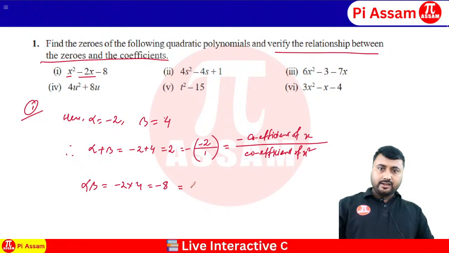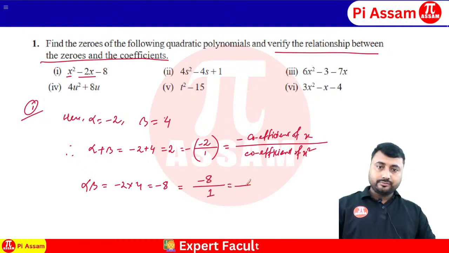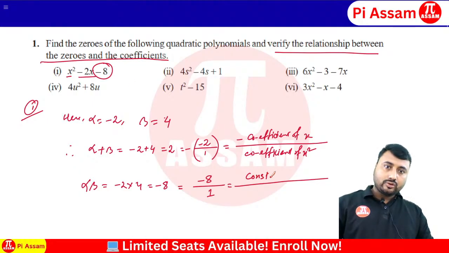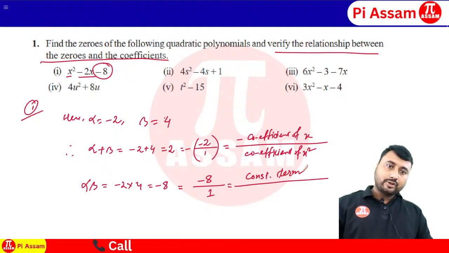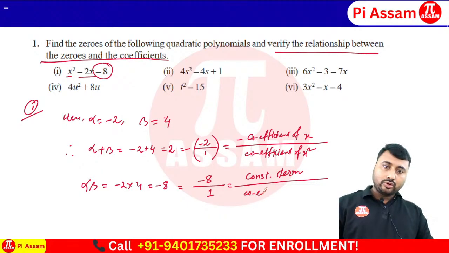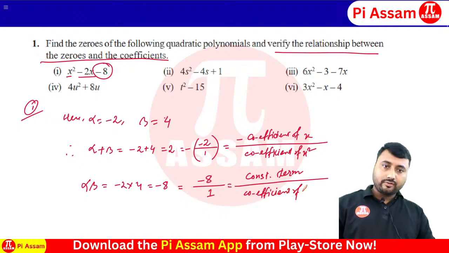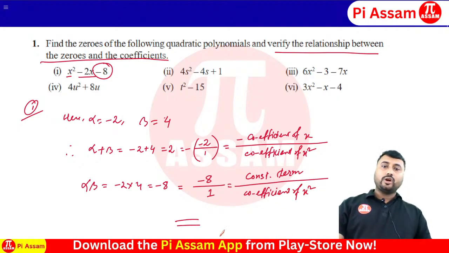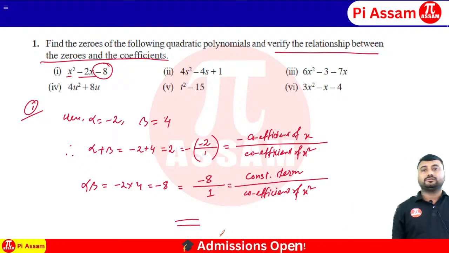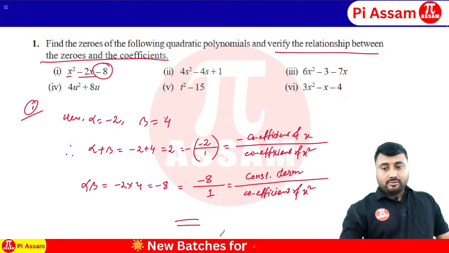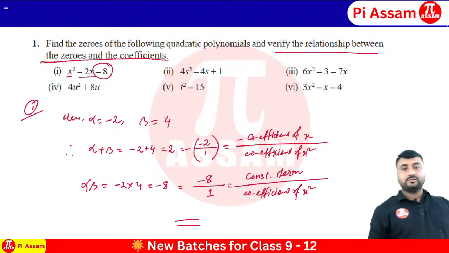We can write here minus 8 by 1, which is equal to the constant term, minus 8 being the constant term, divided by the coefficient of x square. Okay, so hence verified. Okay, got it?